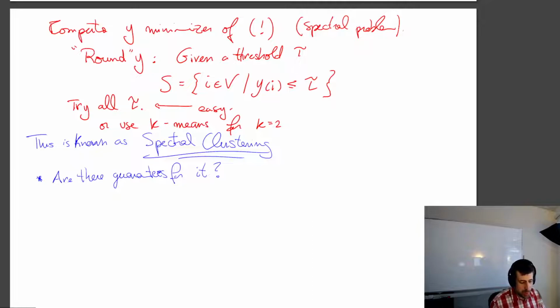But basically what it says is, when you do this, the cut produced by this, it says that there exists a tau, a threshold.